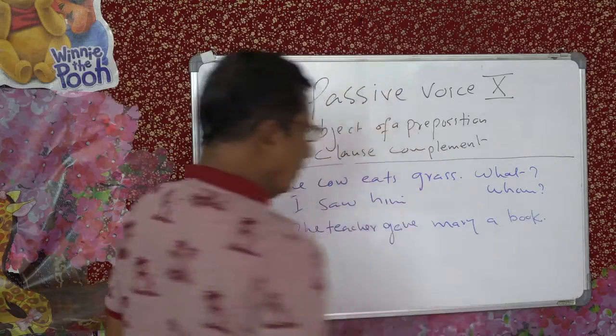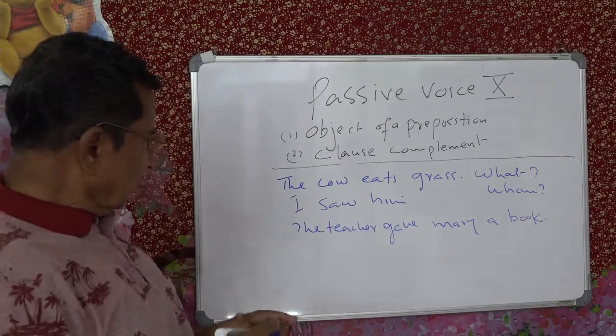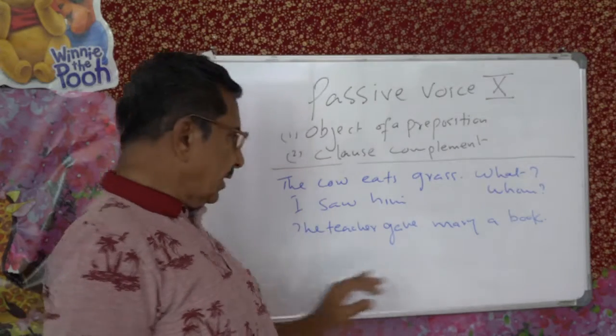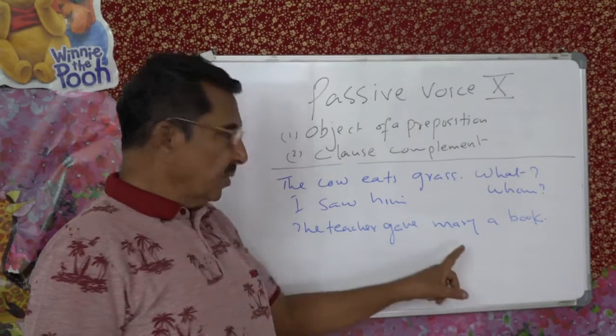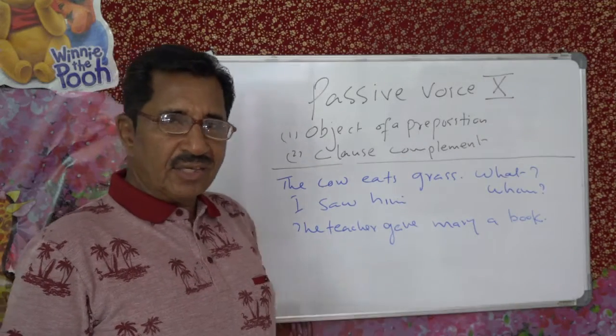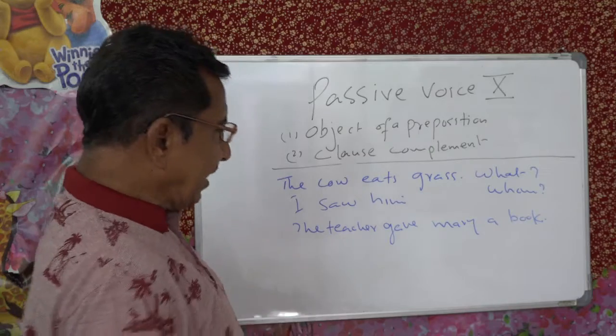Here you have got two objects. You ask the question, the teacher gave what? A book. The teacher gave whom? Mary. Did you understand that? So in this case we said these are ditransitive verbs.